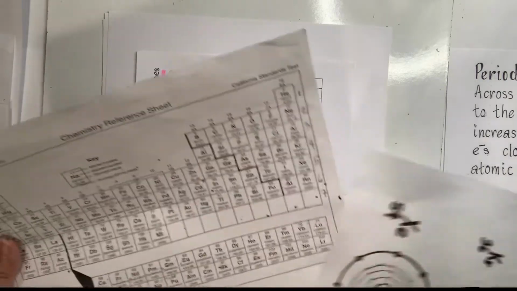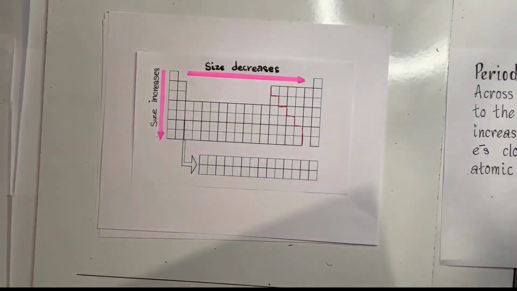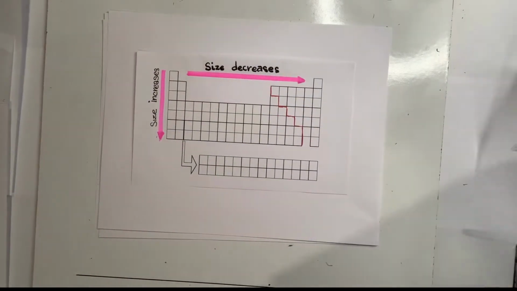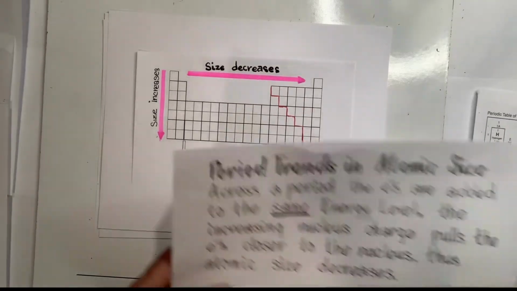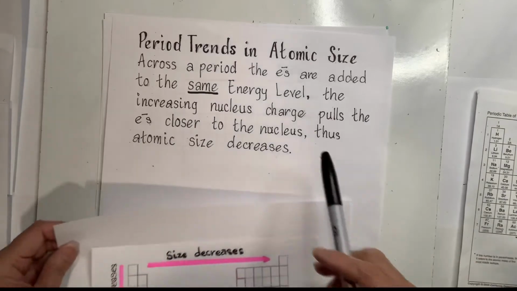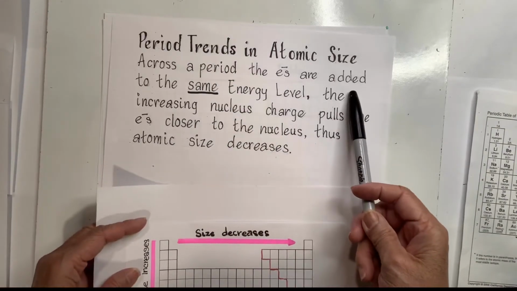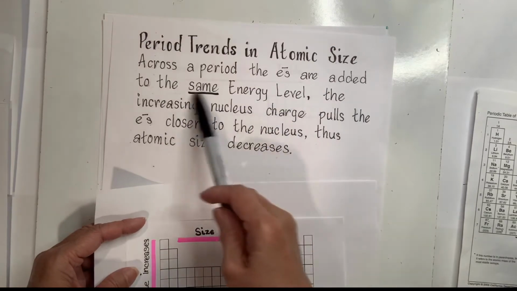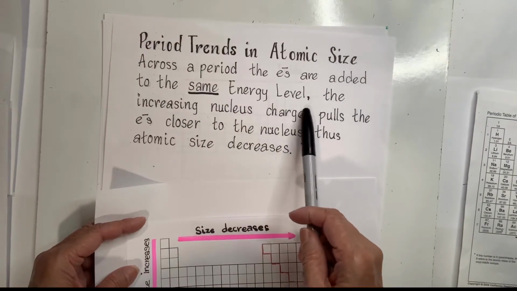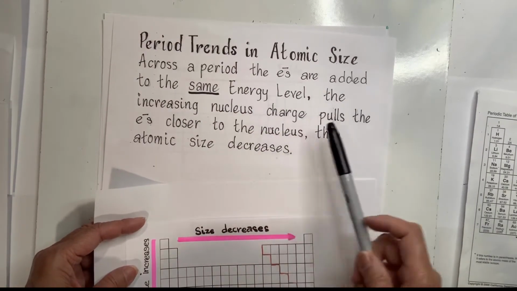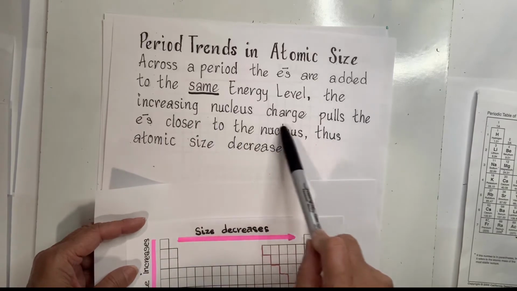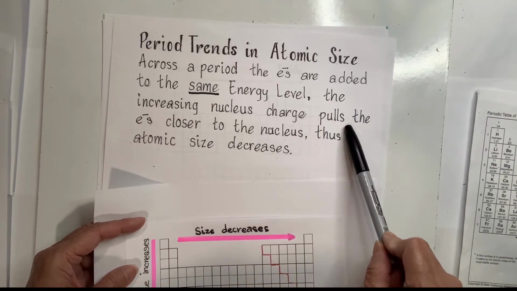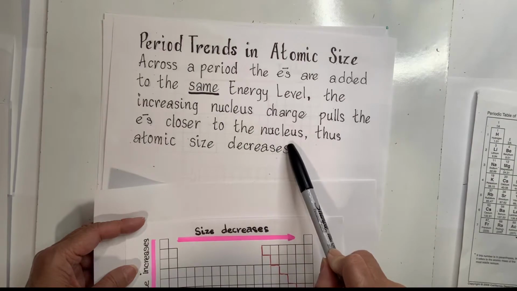So why is it that from left to right, the size decreases? Because across a period, the electrons are added to the same energy level. Remember, the energy level is constant, and there is the increasing nuclear charge pulling the electrons closer to the nucleus.